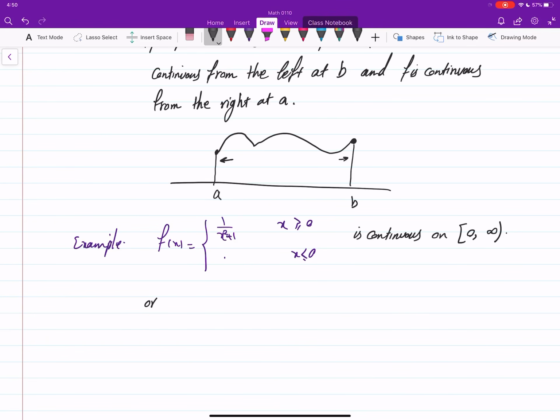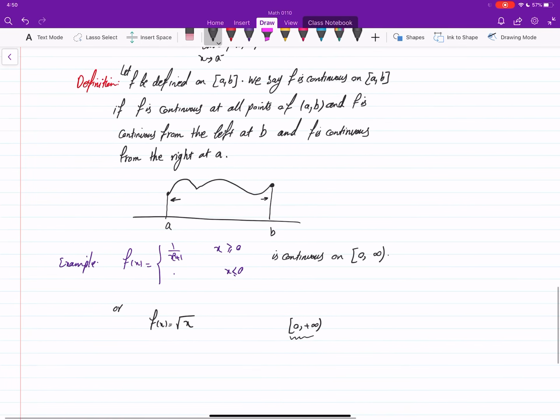Or f of x equals root x. This is only defined for x bigger than or equal to 0, and at 0 it is also continuous from the right, so the interval of continuity is from 0 to plus infinity.